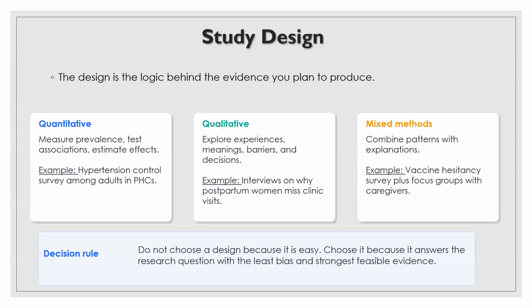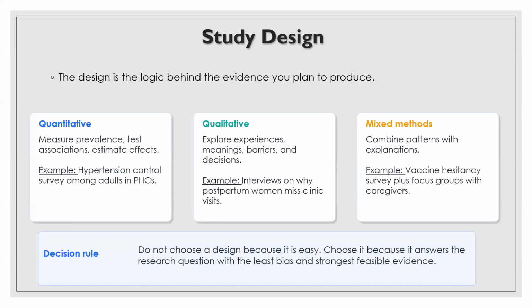There is a number for blood pressure. Okay? There's a number for systolic, there's a number for diastolic. That's why you can measure hypertension quantitatively, because of the number, because of the quantity.